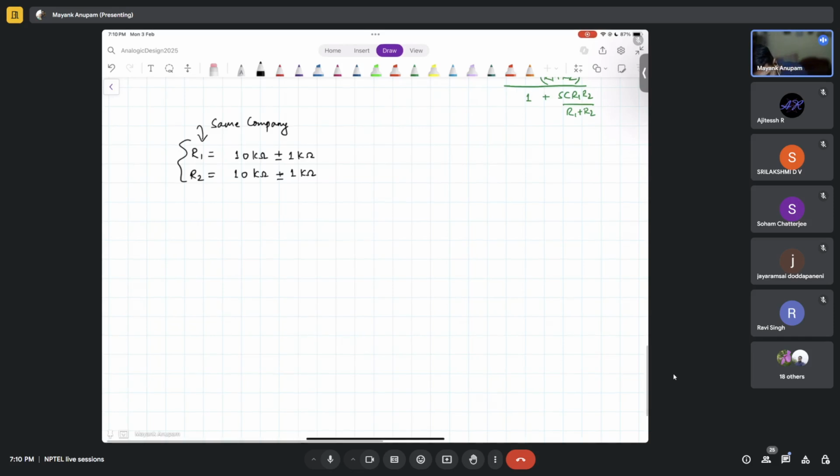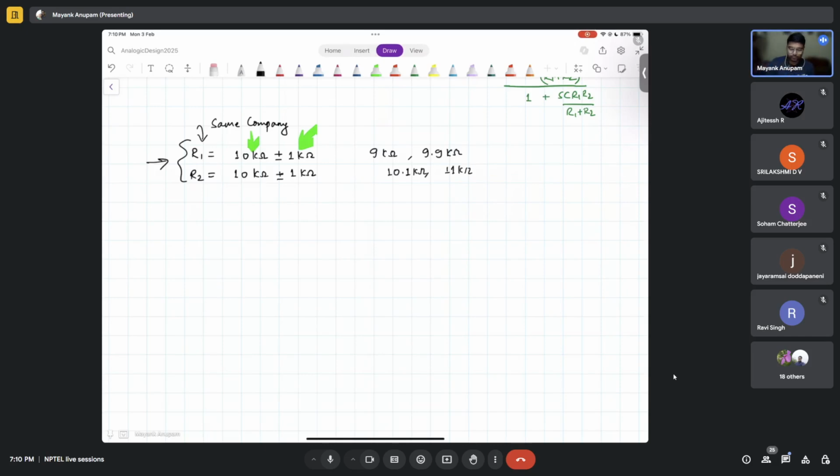So the typical value is 10 kilo ohms, but the variation can be anything between plus and minus 1, which means that if you are buying this resistor, you can also get a resistor which is 9 kilo ohms. You can also get 9.9 kilo ohms, 10.1 kilo ohms, or 11 kilo ohms. Got it? All these are possible because they have said that this is the tolerance.